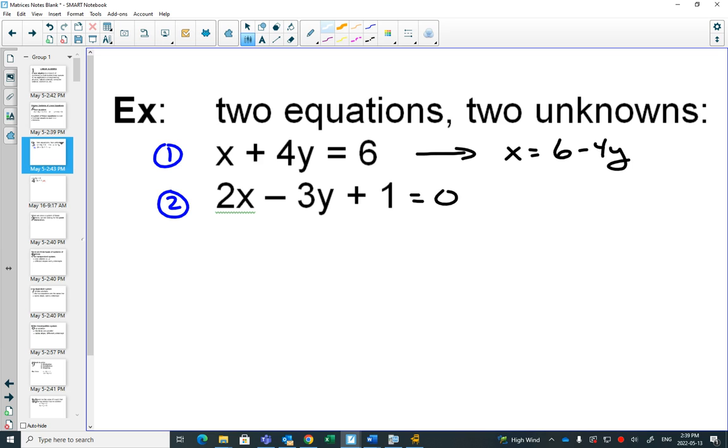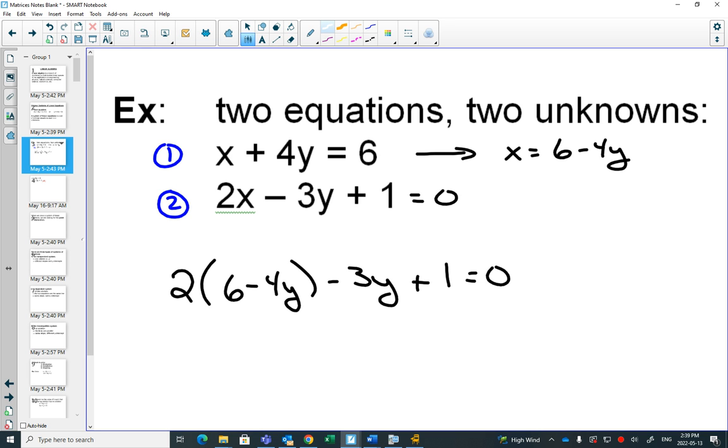When solving this, never substitute back into the same equation that you got it from. So we now know that x is 6 minus 4y. That's from equation 1. We can substitute in 6 minus 4y wherever we have x's in the second equation.